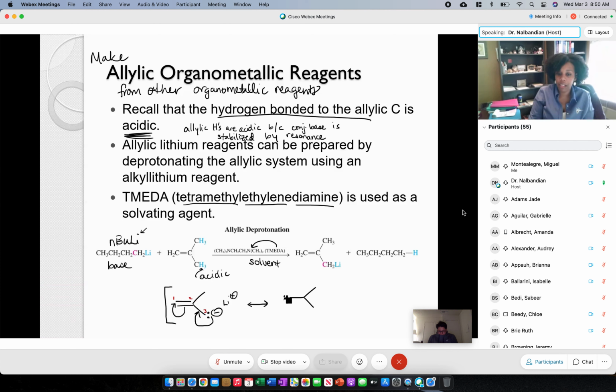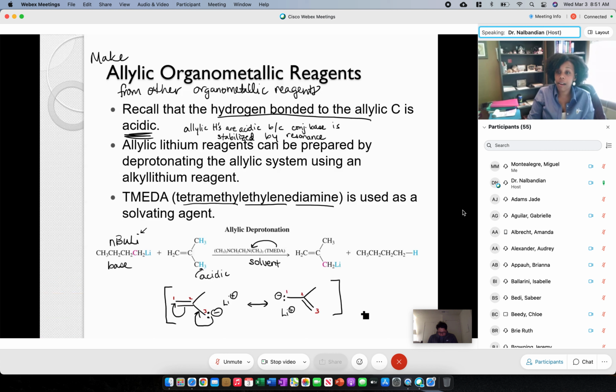So now we have the electrons on carbon 1, and we have a double bond between carbons 2 and 3. Those are our two resonance forms. We know that here, if we have this negative, we have to have something with a positive. So we have lithium with a positive charge. So here we have made now an organometallic reagent.